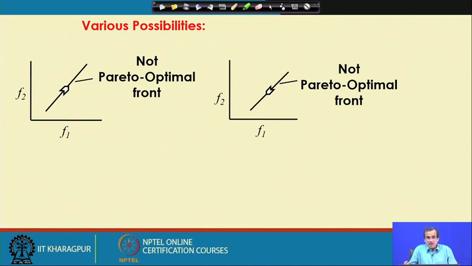Now, if you see the oldest approach, this oldest approach is actually the weighted sum approach, and this is a very simple approach. The principle I have already discussed a little bit, but I am just going to discuss in much more detail.